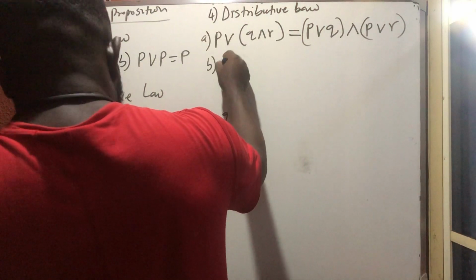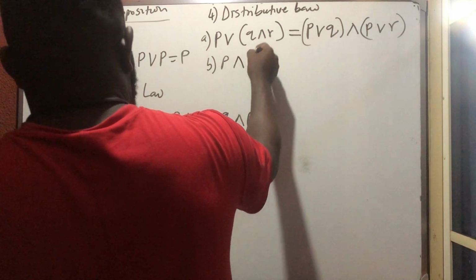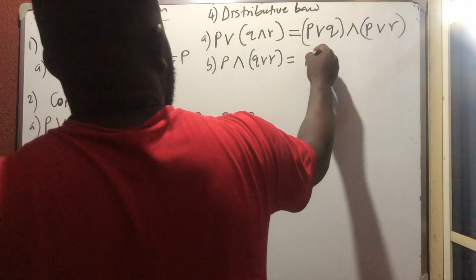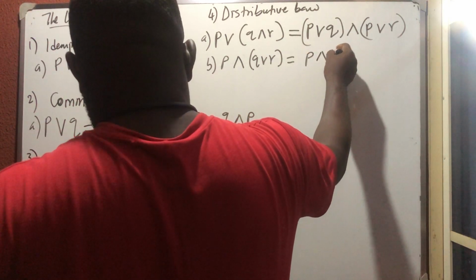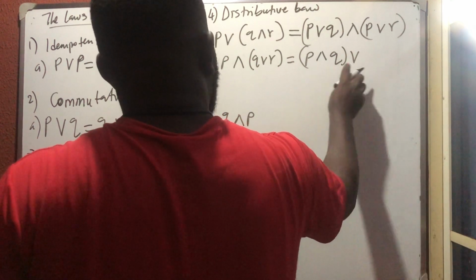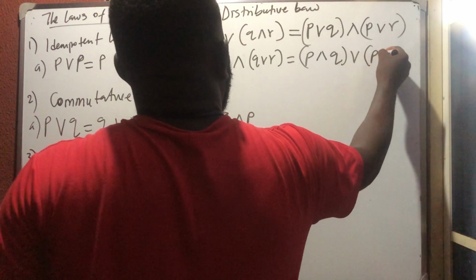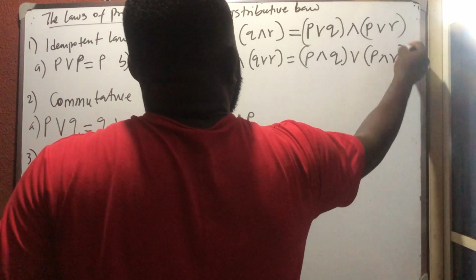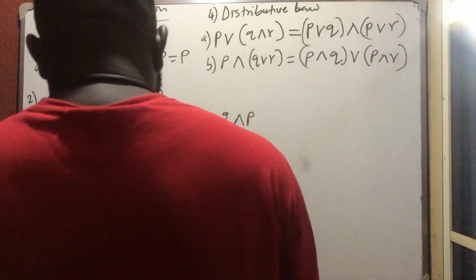Then the B part says P and Q or R is the same thing as P and Q or P and R. So that is that.